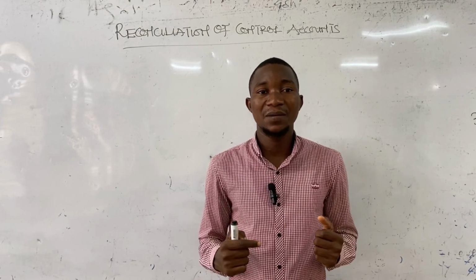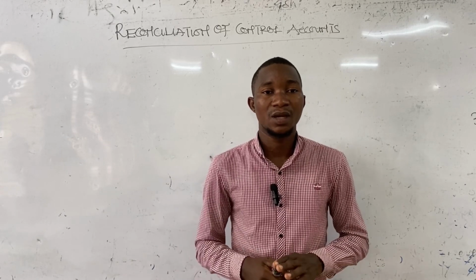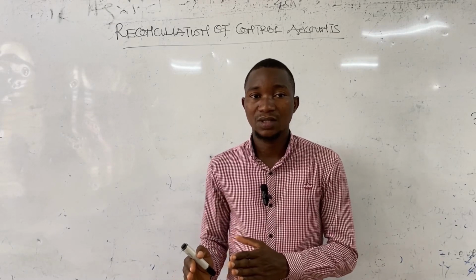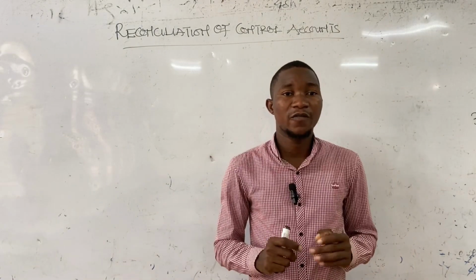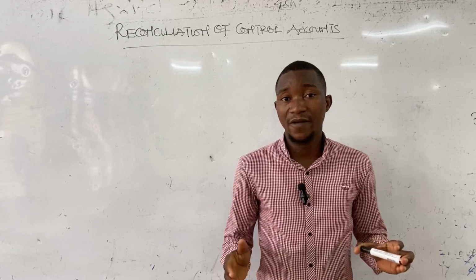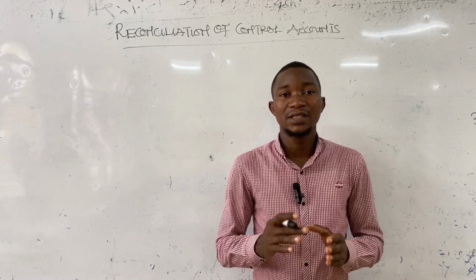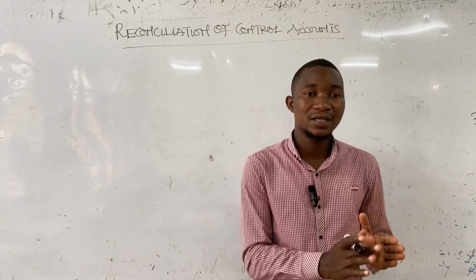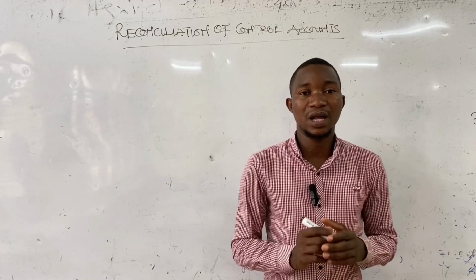That is why it becomes very prudent and necessary for us to learn how to reconcile the control account with regards to the individual accounts. When we talk of reconciliation of control account, it is very simple. It is a means of ensuring that the entries in the sales and purchases ledger agree with the entries in the control account.